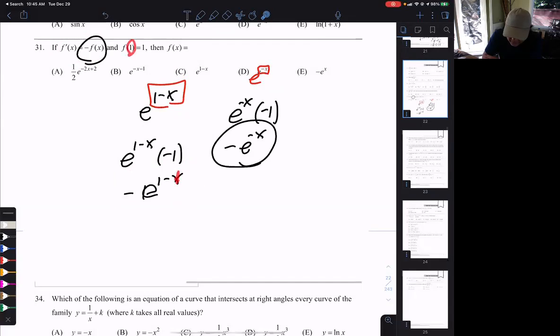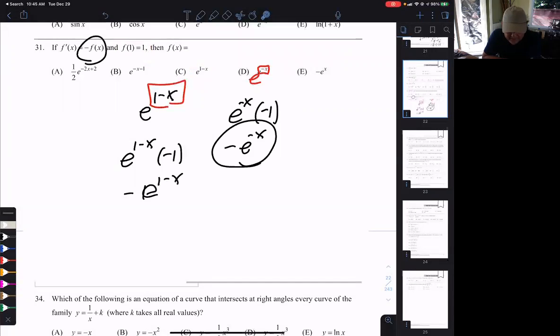You plug in 1 there, it's 0. E to the 0 is 1, and it's negative 1. So close. Oh, no, I'm supposed to plug in 1 to the original, not the derivative. If I plug in 1 here, I get e to the 0, which is 1, so that matches.